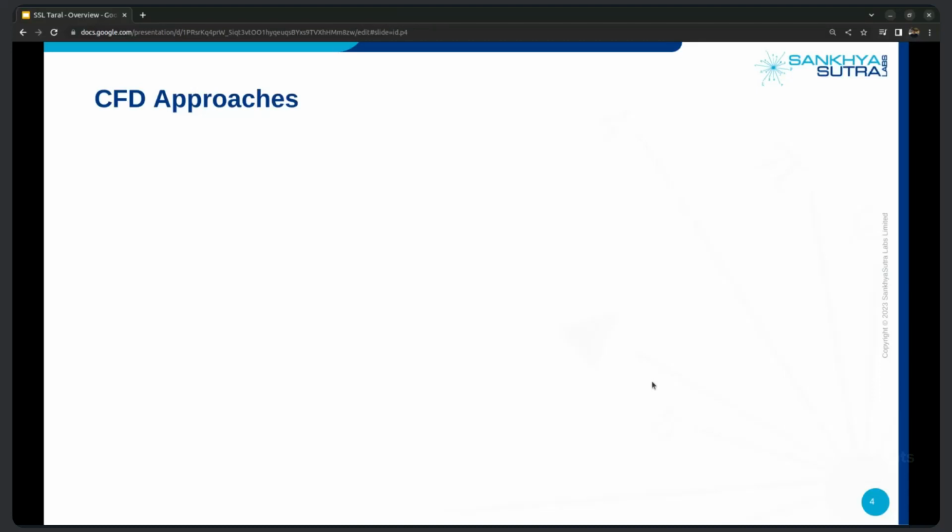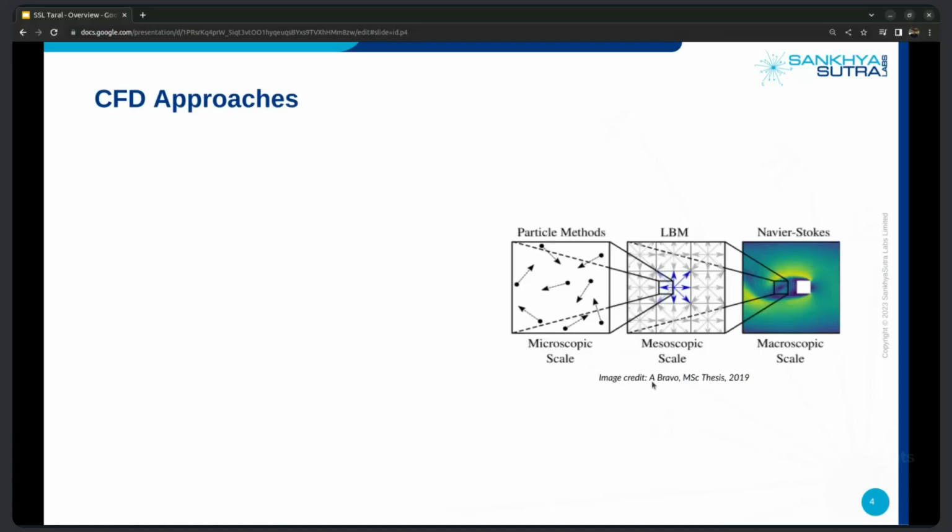But even though Lattice Boltzmann method is based on the concept of lattice gas automata, which is a particle method, in LBM we use a statistical description of particle interactions, and we model it based on something called the particle distribution function.